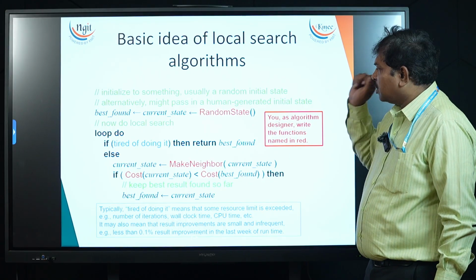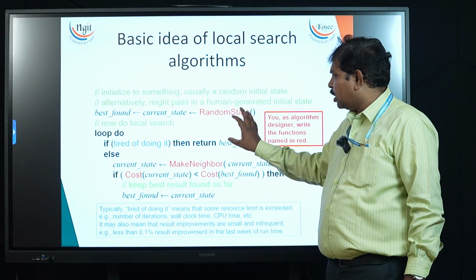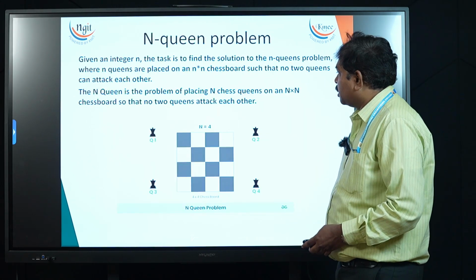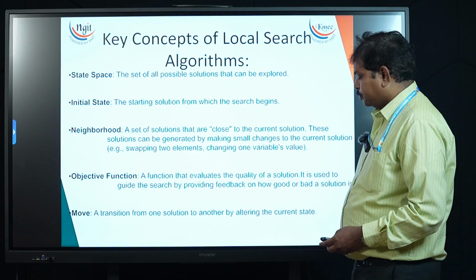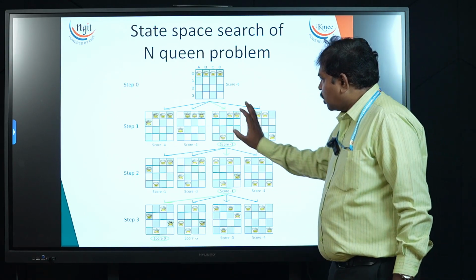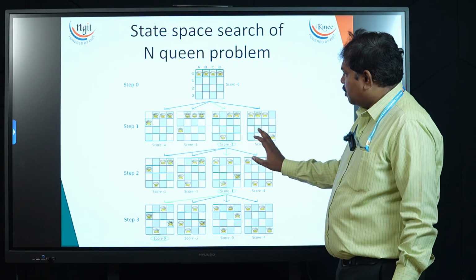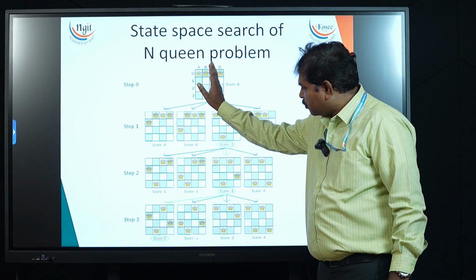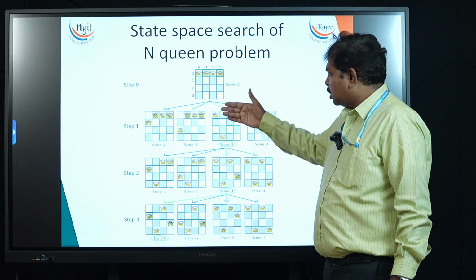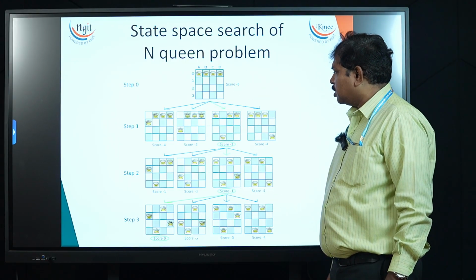First we prepare one random state, like in my n-queen problem, where there are 12 possibilities from the starting state.